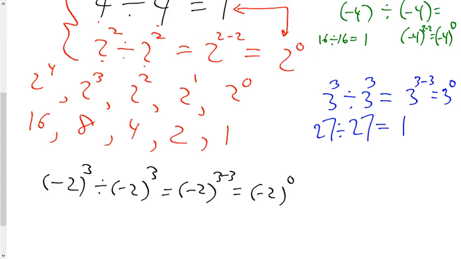So I'd have a standard form of negative 8. You can put it in brackets. It's not necessary, but we'll keep it in brackets. What's 8 divided by 8? 1. What's a negative divided by a negative? We know from our sign laws it's still going to be a positive 1. So no matter which example you look at, the red, the green, the blue, the black, they all end up saying that any power to an exponent of 0 will have a standard form of 1.